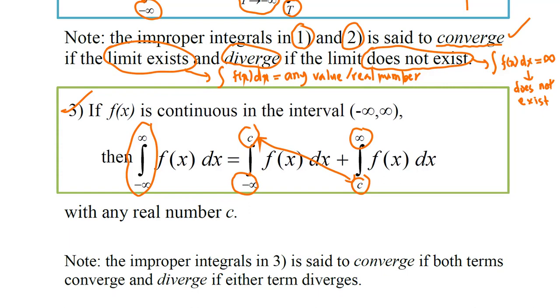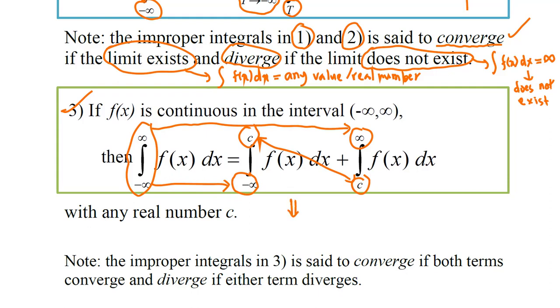So you have 2 integrals here, you divide into 2. I repeat again, negative infinity to c plus c to infinity. Remember, in the first integral infinity is the lower limit, and in the second the upper limit is infinity.